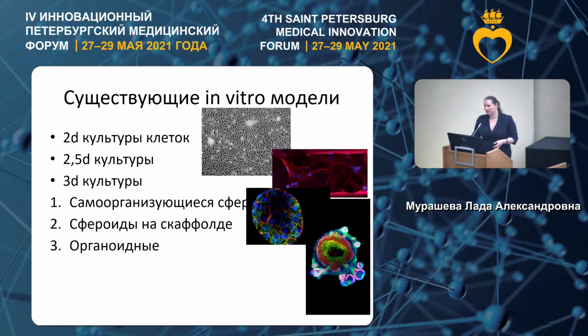Tumoroids are 3D organoid structures which have all properties of the tumors from which they were obtained. And there is 3D printing, but that is with a scaffold and 3D structure or organoid structure.